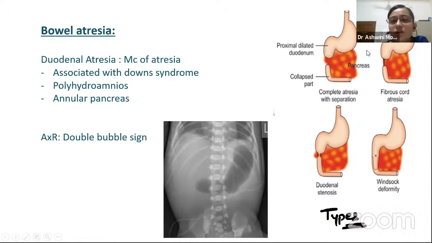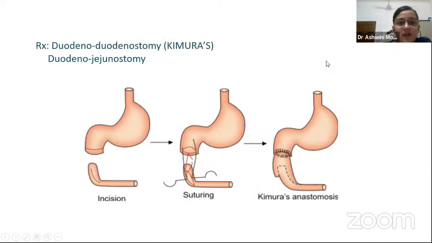So what will be the treatment? Just think logically. We have to connect these 2 parts, right? We have to simply connect these 2 parts, either directly, or by resecting this windsock deformity or this fibrous band, or directly in such complete atresia. So this is the treatment. We are connecting this part and it is called a duodenoduodenostomy. Kimura's operation is most commonly done.